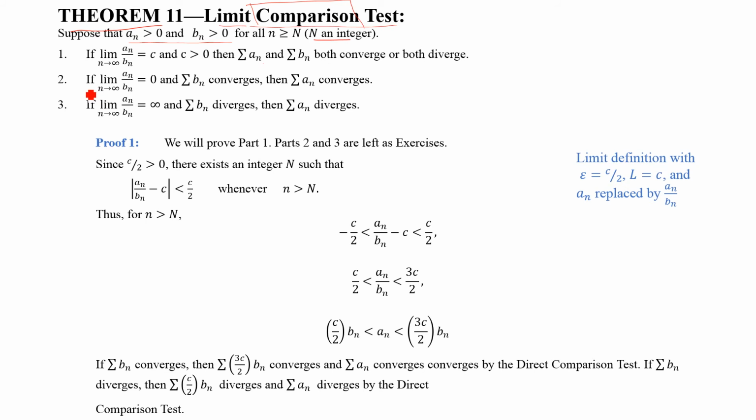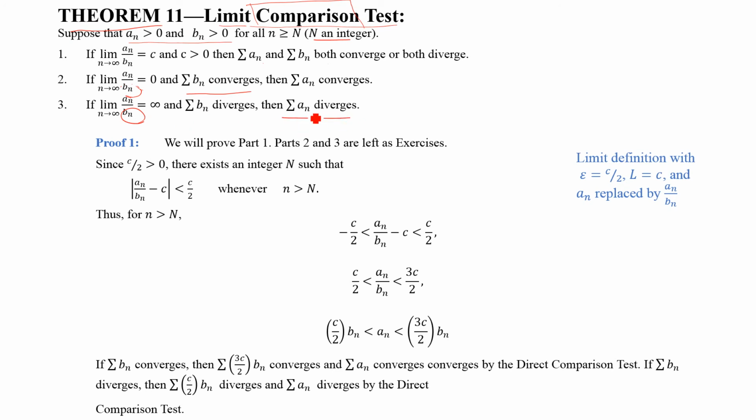Secondly, if the limit of a_n over b_n as n approaches infinity is 0, and sigma b_n converges, then sigma a_n also converges. Now, third case, if the limit of the quotient a_n over b_n as n approaches infinity is infinite, and sigma b_n diverges, then sigma a_n also diverges.